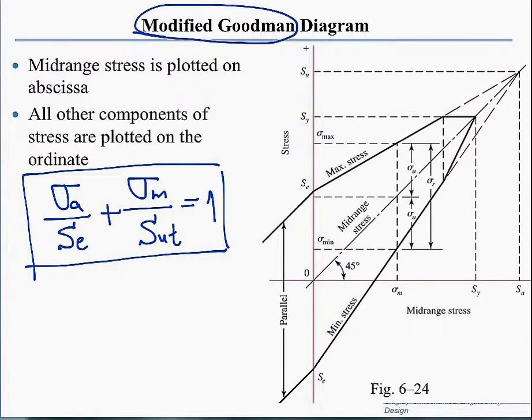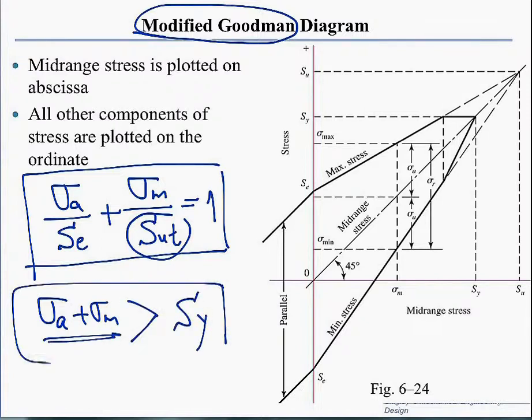However, if we consider that the sigma mean is ratioed to the ultimate, then there's a potential possibility that the total stress, which is sigma alternating plus sigma mean, the sum of these two, can exceed the yield point. If it exceeds the yield point, then this can raise some questions. And therefore, the modified Goodman has to consider that the sum of these two should not exceed the yield point.